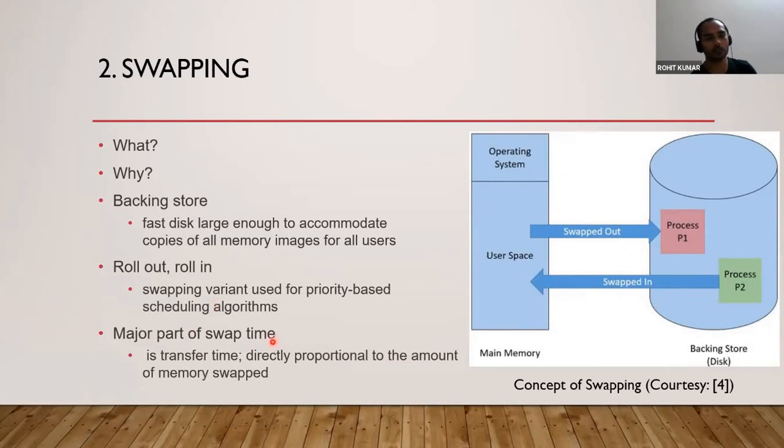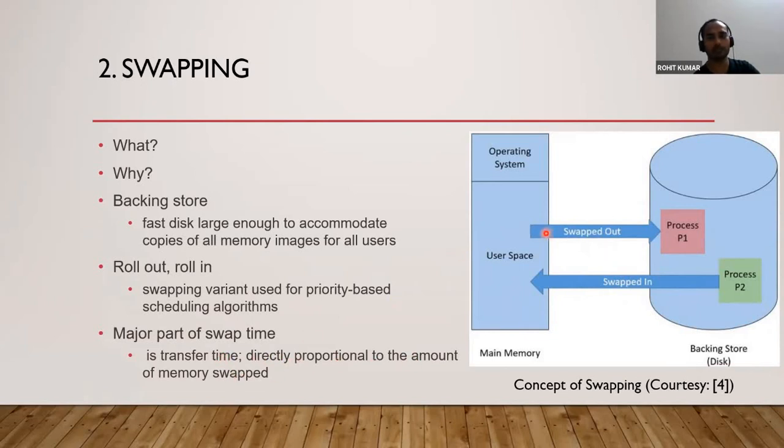Then the major part of swap time is transfer time. Swap time means swapping out something and then swapping in something; the time incurred in this whole process is the swap time. You are transferring something from here to there and there to here, so it is composed of transfer time only, and this transfer time is directly proportional to the amount of memory.